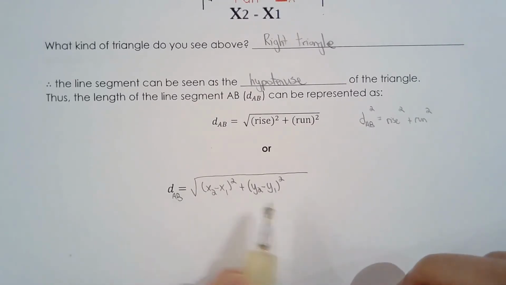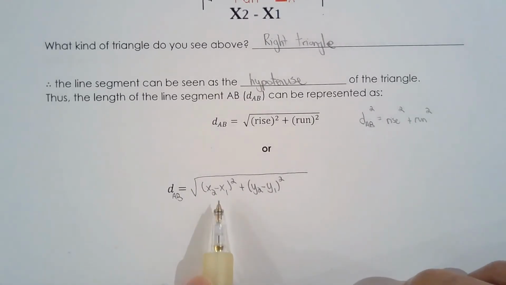Like I said, the formula is a little daunting and scary looking, it looks really hard to memorize, but really, you can just simplify: run squared plus rise squared, and then square root that, because you're really just solving for the hypotenuse of a right triangle. So try not to be intimidated by this. Just think of the Pythagorean theorem.